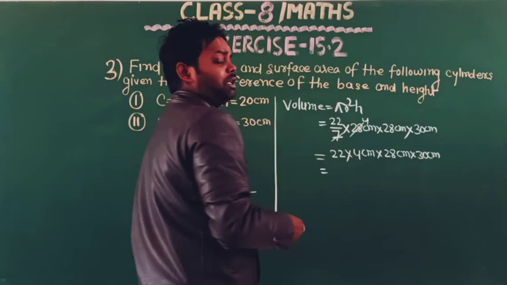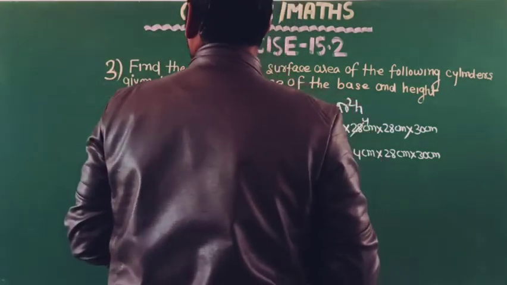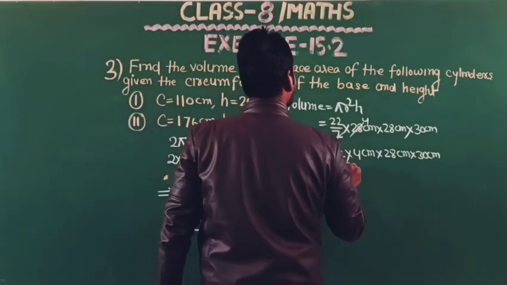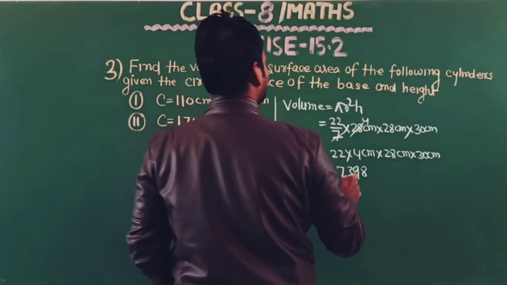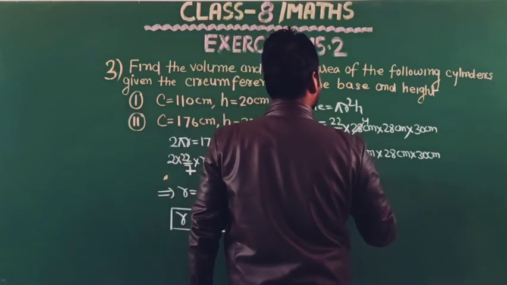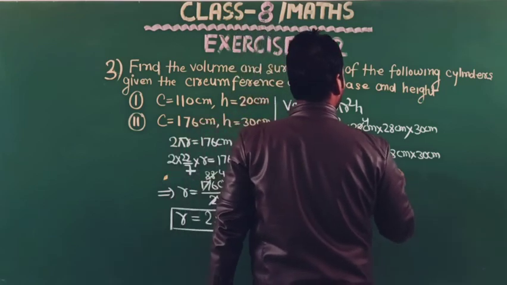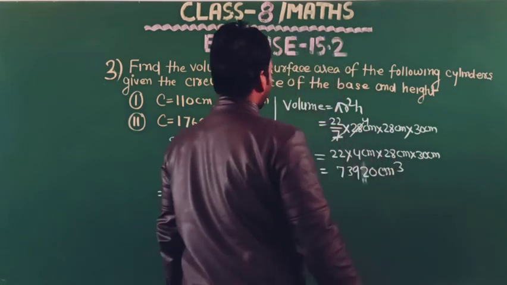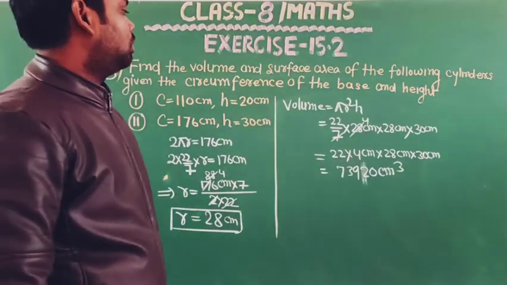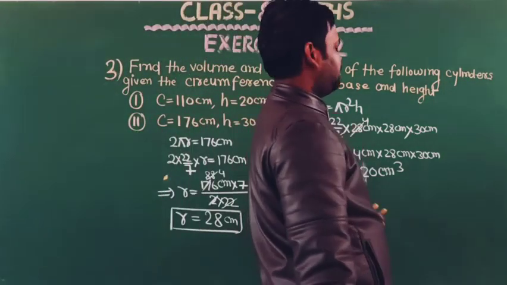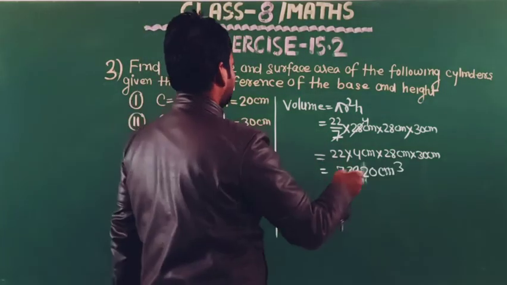After multiplication of this expression, we will get the total value, which is equal to 73920 centimeter cube. This is the volume of the cylinder.